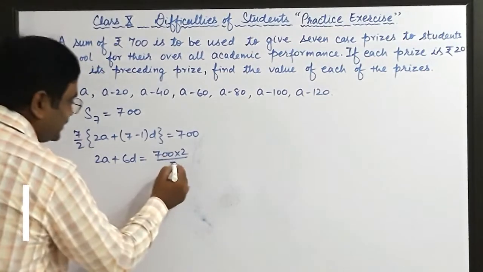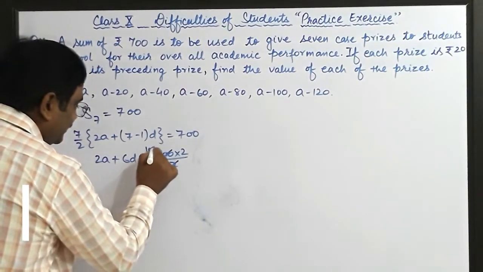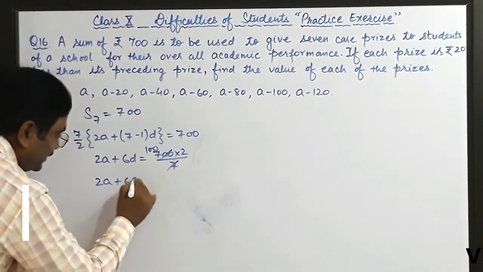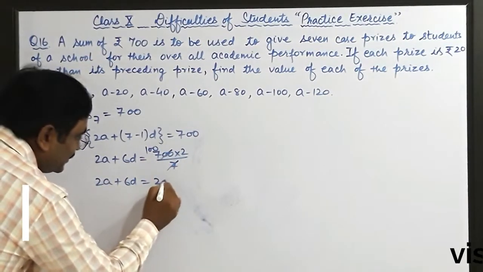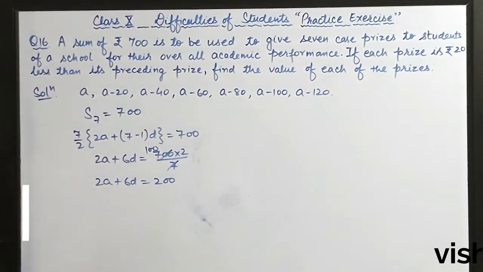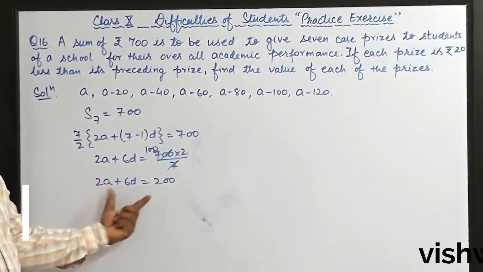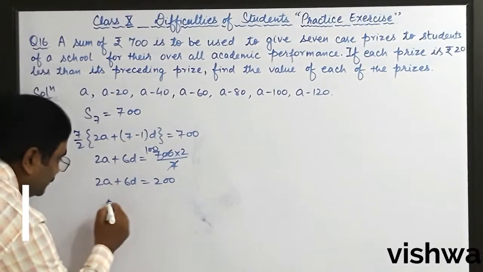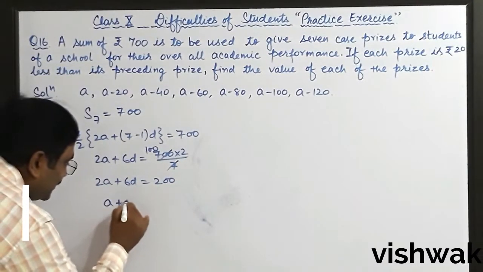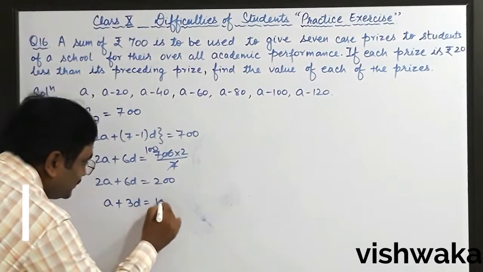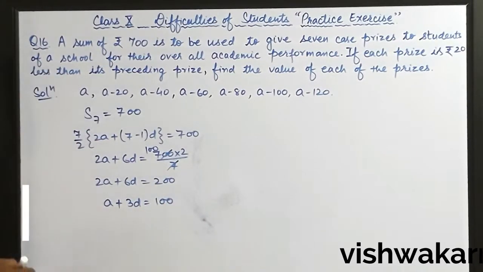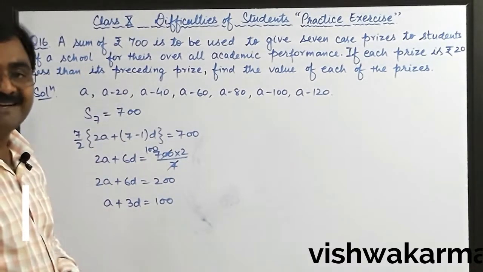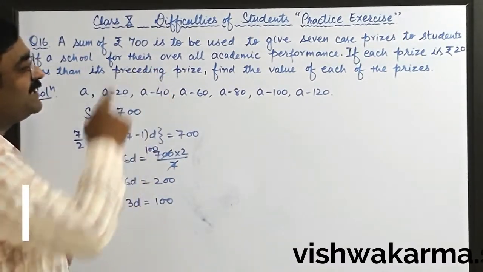This 700 is divided by 7, you will get 100. Therefore 2A plus 6D is equals to 100 2s are 200. Now this equation can be divided by 2 because all the terms are divisible. So by dividing by 2 you will get A plus 3D is equals to 100. In this equation you just substitute the value of common difference, which is minus 20, because each prize is 20 less.